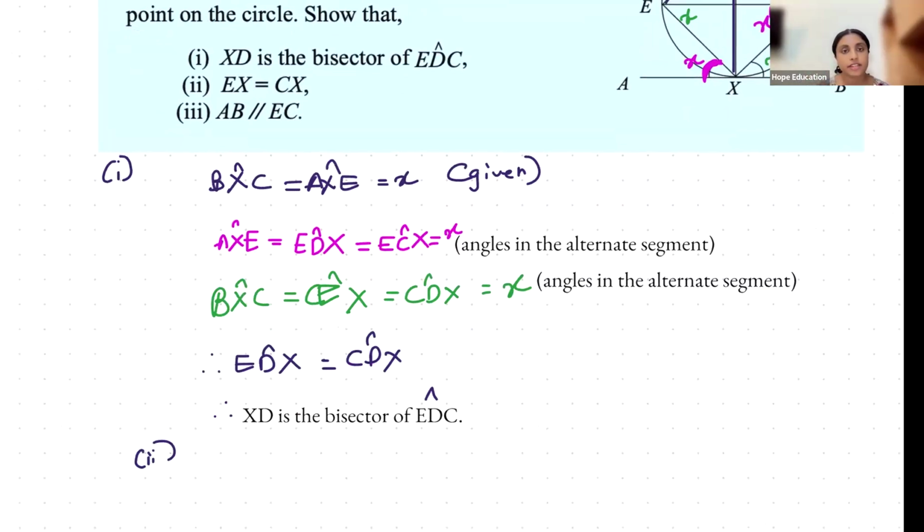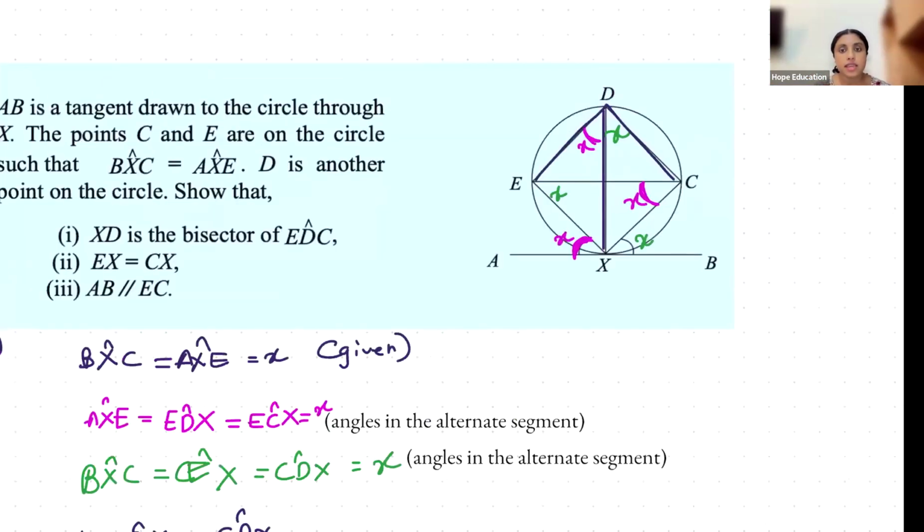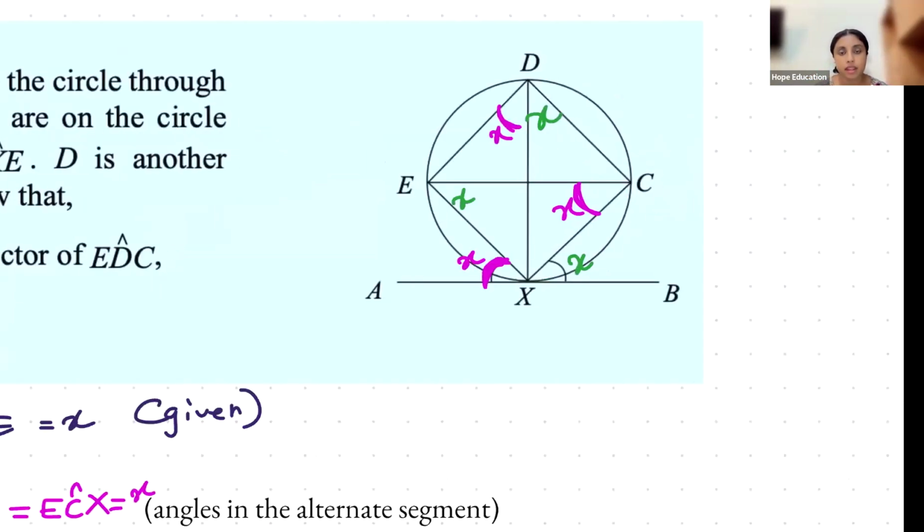Okay, I'll quickly finish. Then EX equals CX. That is also very clearly we can see. If you take this triangle ECX, this is X, therefore it's an isosceles triangle.